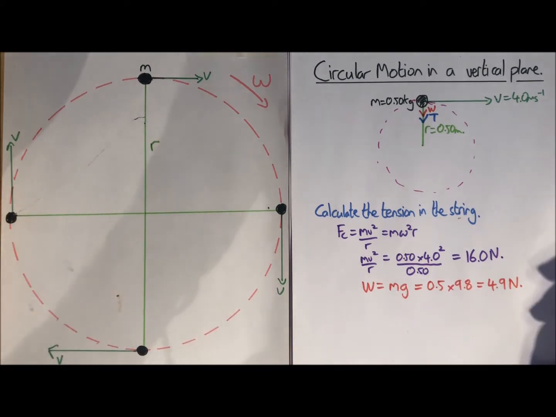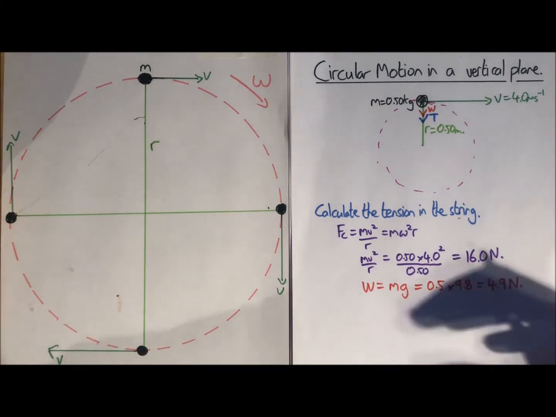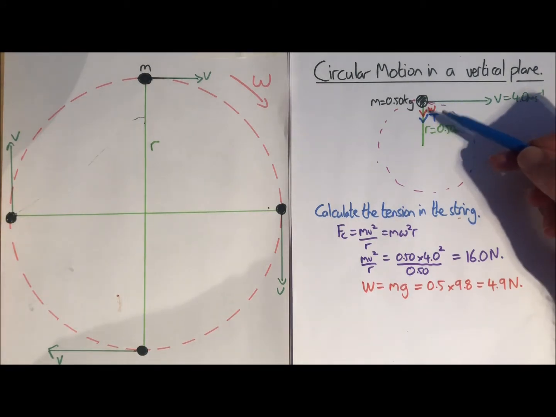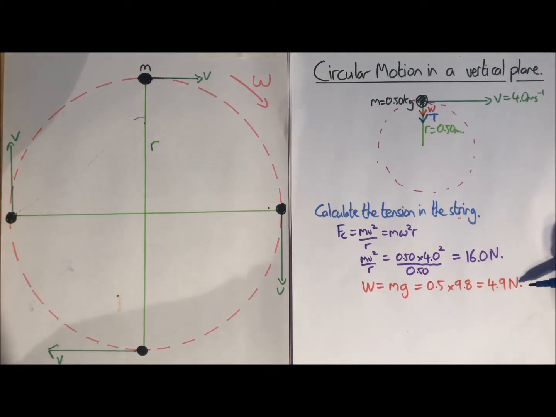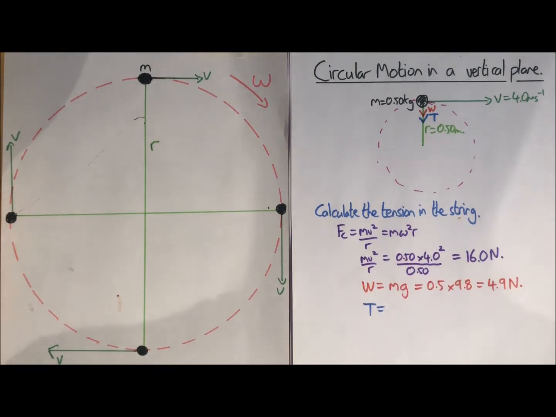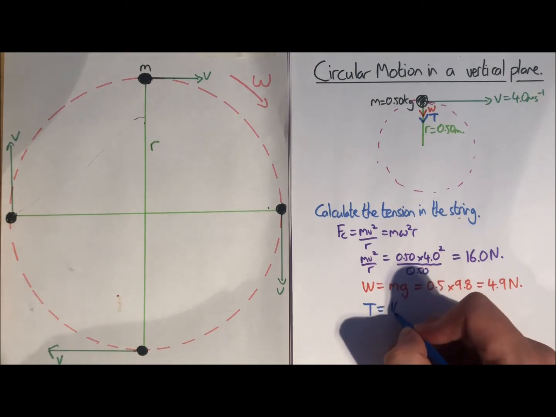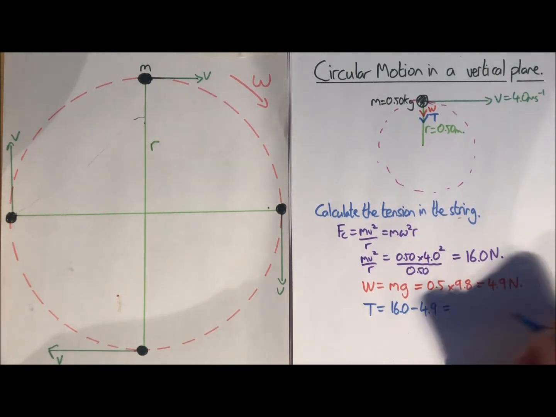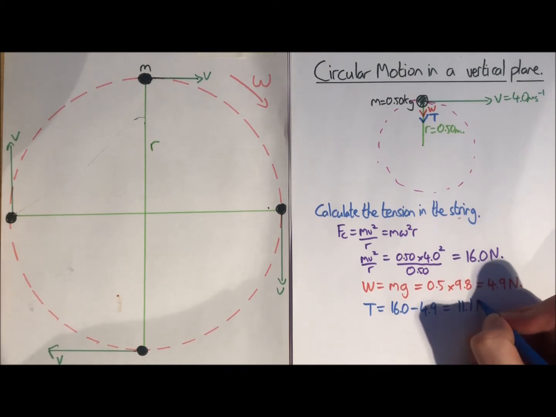Now our tension has got to provide some of the centripetal force, but not all of it. Because the tension and the weight are in the same direction, the weight is providing 4.9 newtons of this. So out of that 16 newtons, only 11.1 newtons, the remainder, has to be provided by the tension. So the tension is simply going to be 16 minus the 4.9, which is 11.1 newtons.